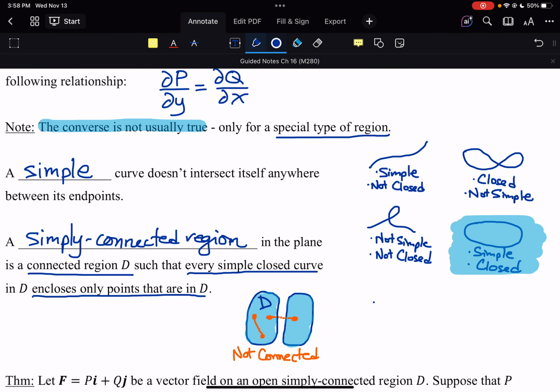We could have something that looks like this.